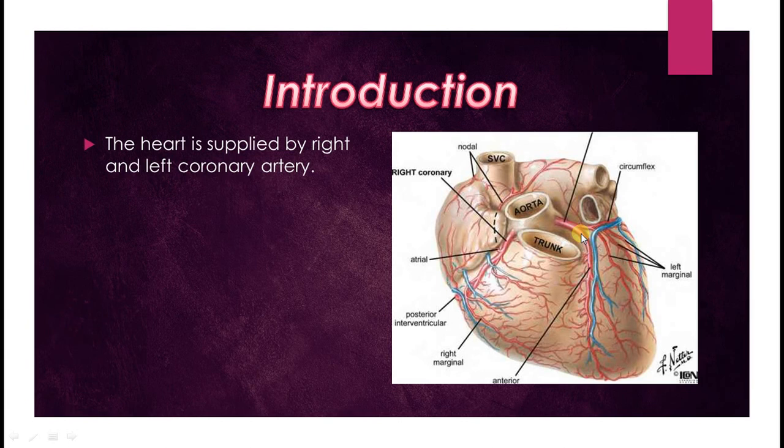Now, we might wonder, the heart pumps blood to the whole of our body. Does the heart require a blood supply separately of its own? Definitely this is necessary because even though all the chambers of the heart are filled with blood, this blood cannot permeate into the walls of the heart.